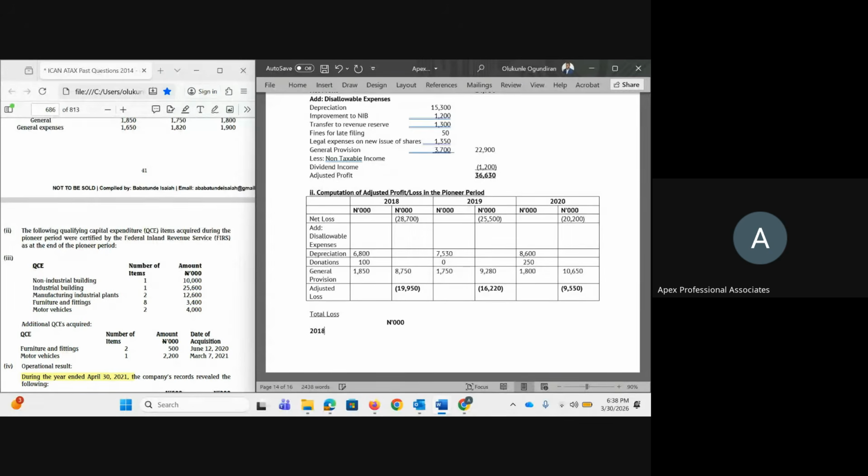For 2018, what do I have? 19,950 negative, right? 2019, I have 16,220. 2020, I have 9,550. So help me with the numbers, please. 38,780.